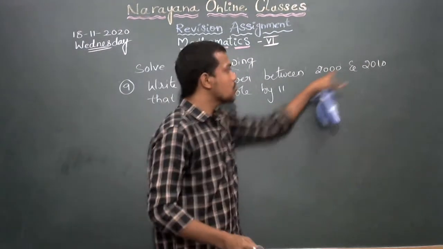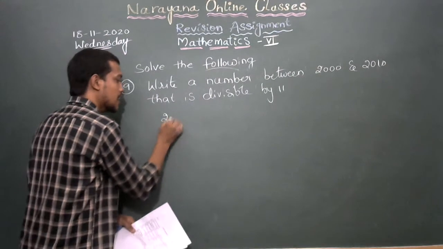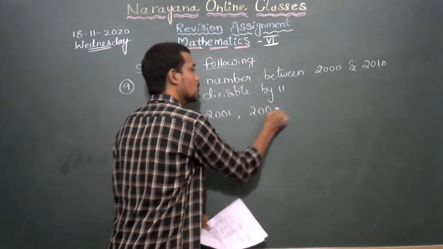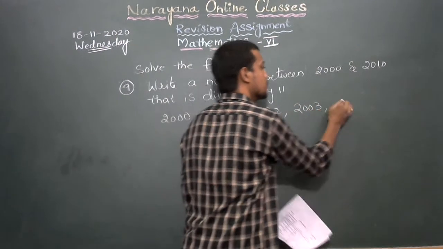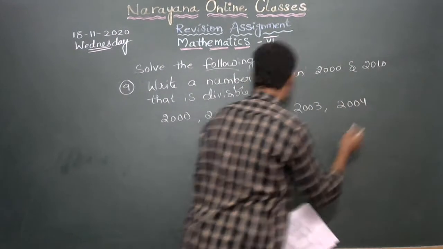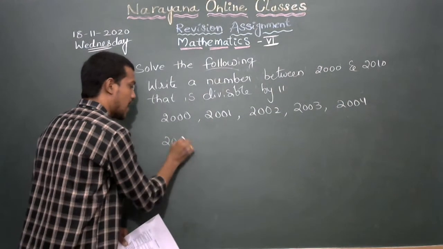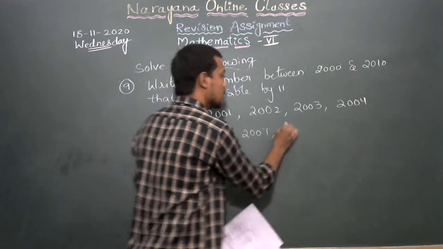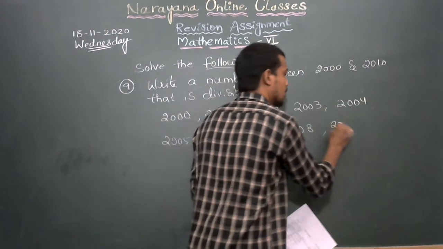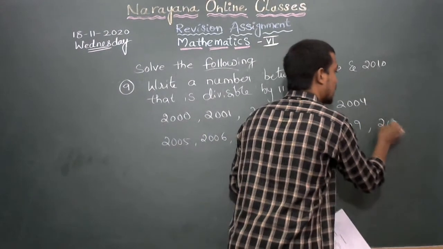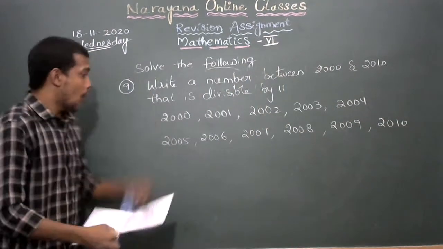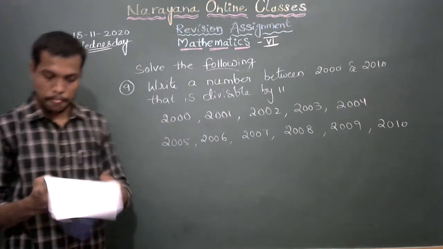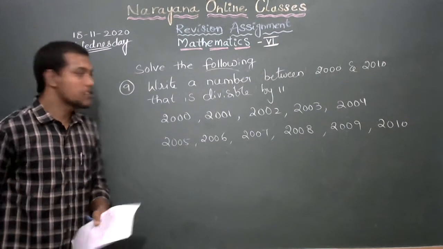So here, given 2000 to 2010, I am writing 2000, 2001, 2002, 2003, 2004, 2005, 2006, 2007, 2008, 2009, finally 2010. Now among these numbers, which number is divisible by 11?